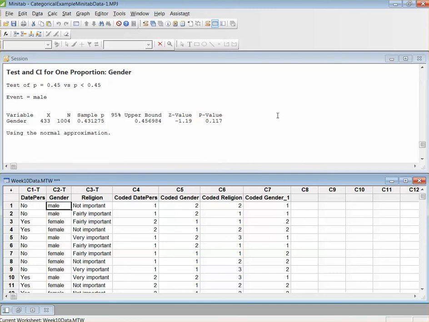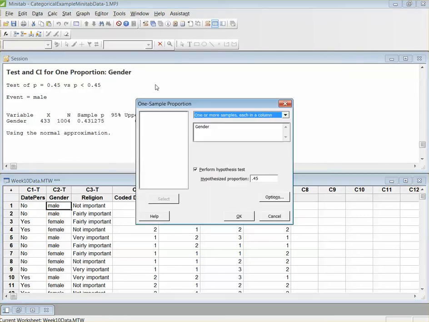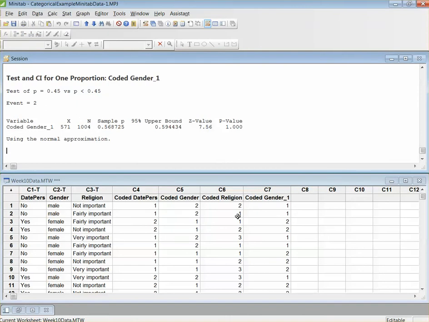Now that we've got that, we can come back and do our Stat, Basic Stats, 1 Proportion. We don't want gender in there because we just recoded this. So we're going to use the coded gender. Everything else is the same. So this is if you want to test if women are less than 0.45. So we would click OK. Now look, you see it's event 2, which is female, because here's 2 and 2 is female.